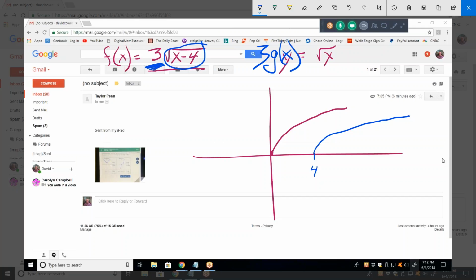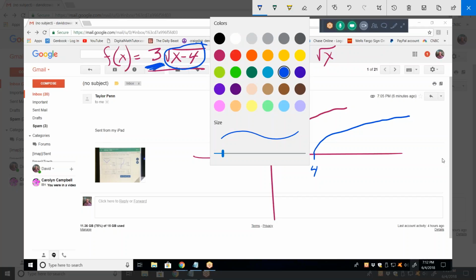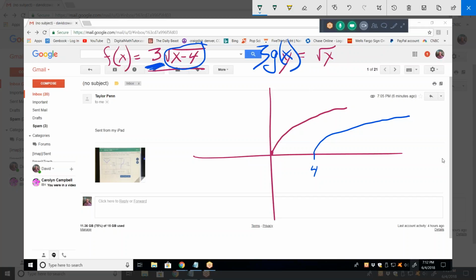So it's a vertical stretch, and what are the consequences? What's the blue line going to turn into? It's going to be more upwards. The best way to think about these things is that the point right there has to be 3 times higher, so it has to go through that dot.